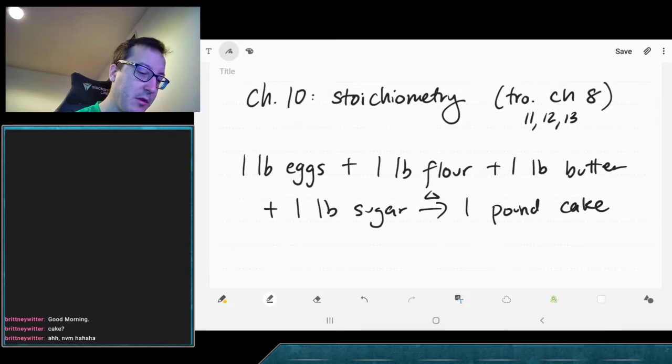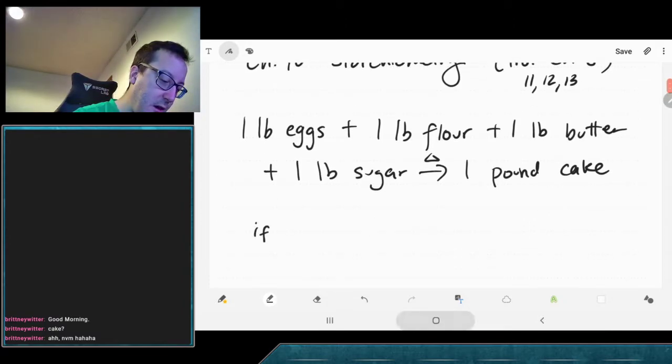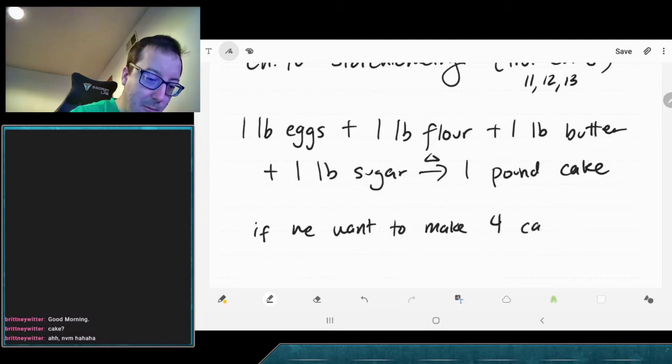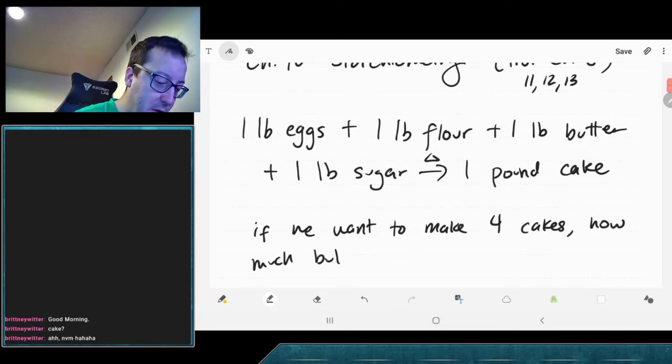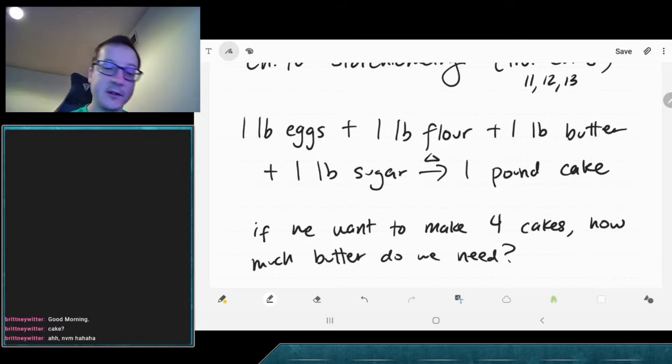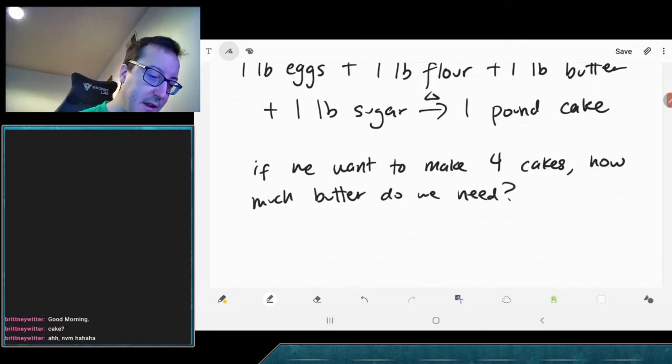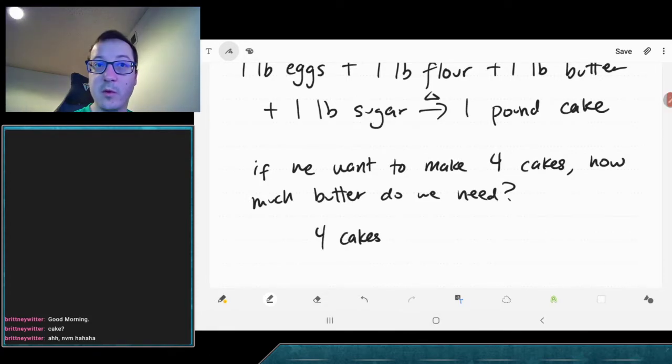So for example, if we want to make 4 cakes, how much butter do we need? What we're able to see here is that 4 cakes is the information we're starting with.